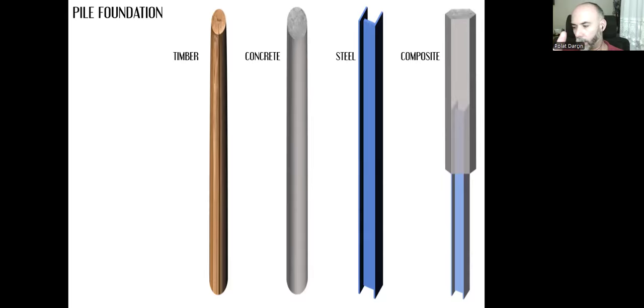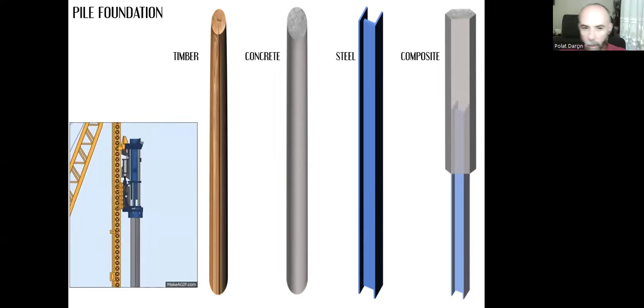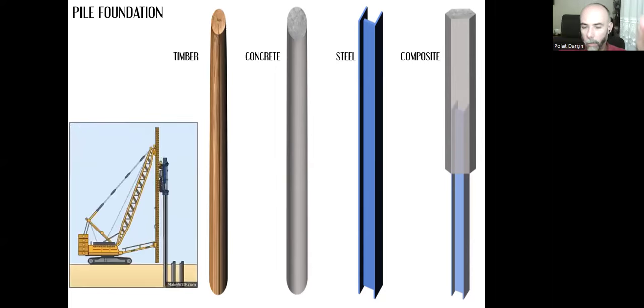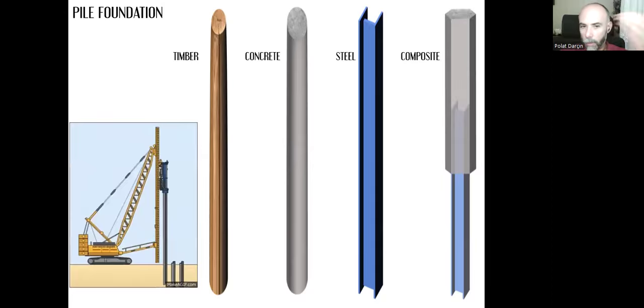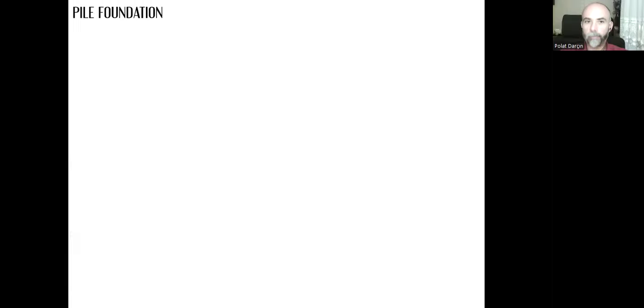But there are certain types of trees which are very resistant against water damage. If we use concrete, that's fine. But if we use reinforced concrete, we need to find proper solutions to protect the reinforcement bars, the steel profiles. Otherwise, there's this risk of corrosion, obviously. And that's how we apply them. We nail them inside the ground by using this type of heavy machinery.